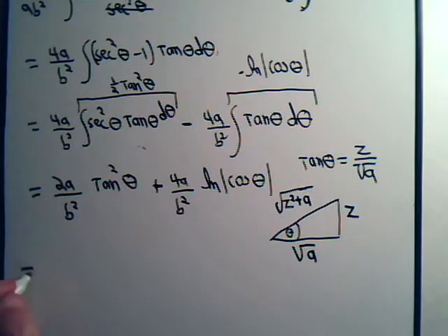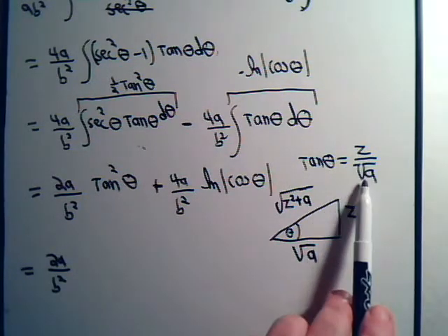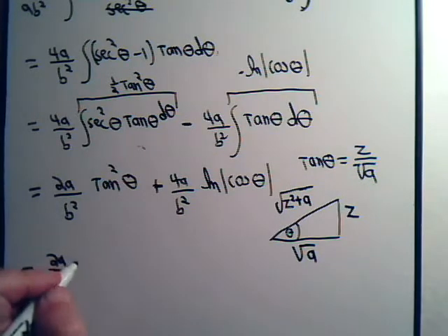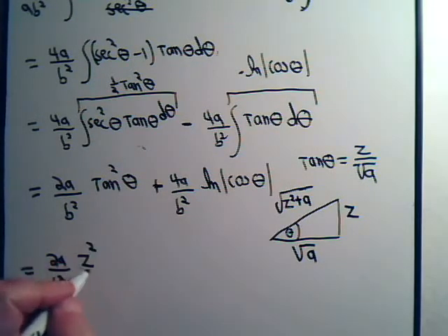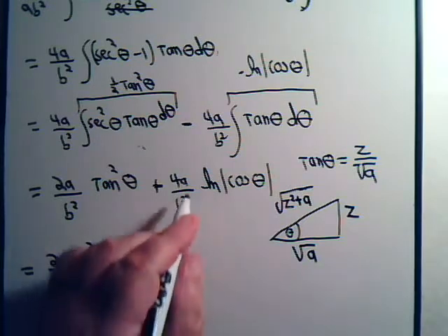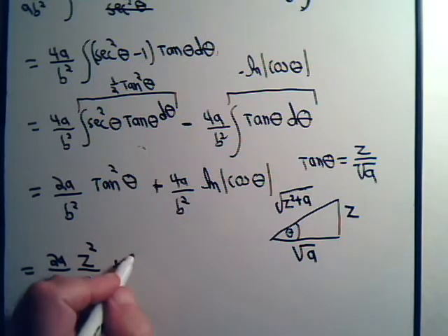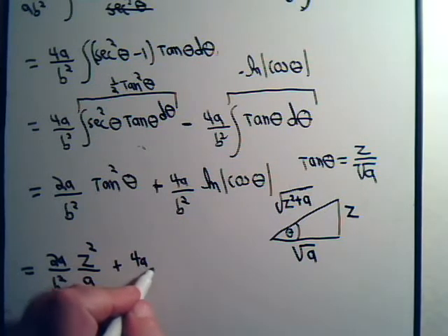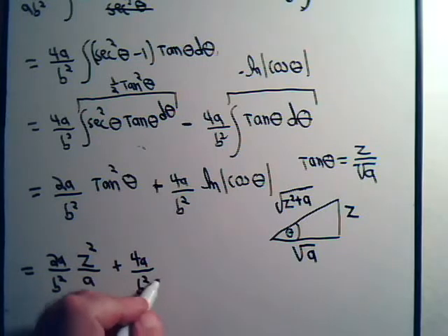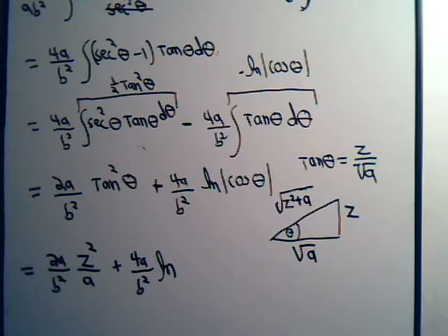This will equal 2a divided by b squared times the tangent squared of theta. So that would be z squared divided by a. Then we have plus 4a over b squared times the natural log of the cosine of theta.